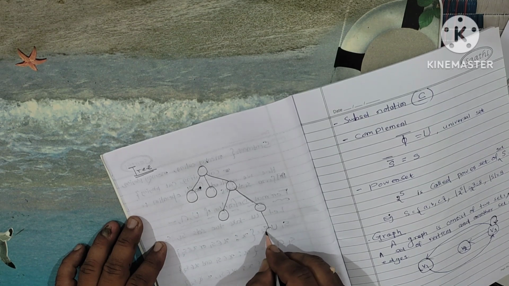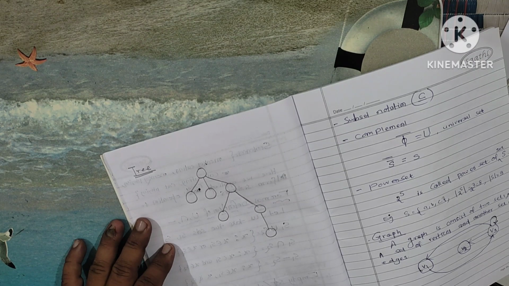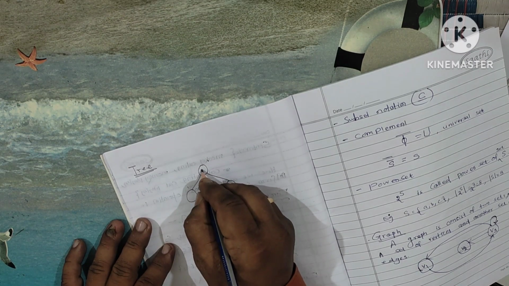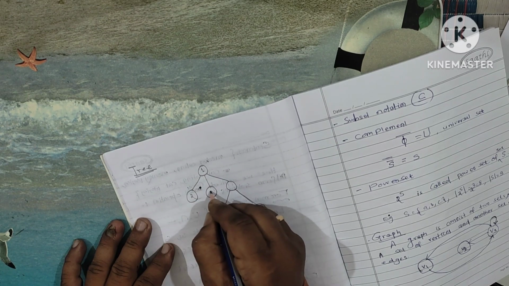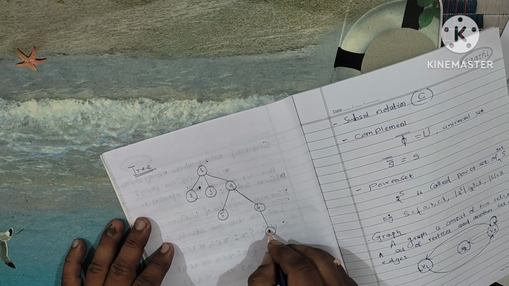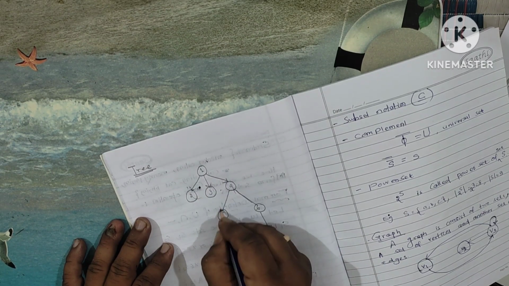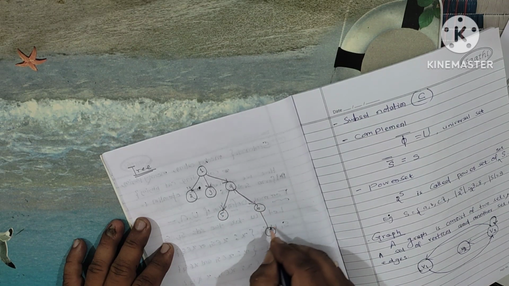You should have the idea of this concept. How many nodes are here? 1, 2, 3, 4, 5, 6, 7. Give the arrow marks from this to this.